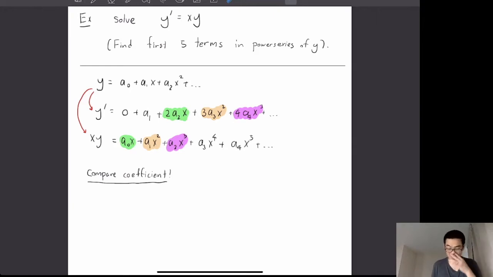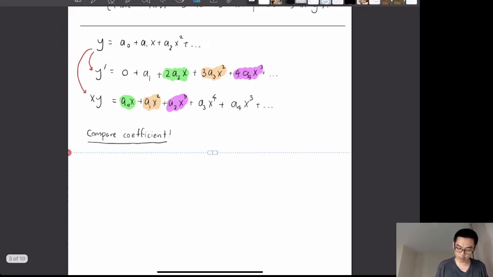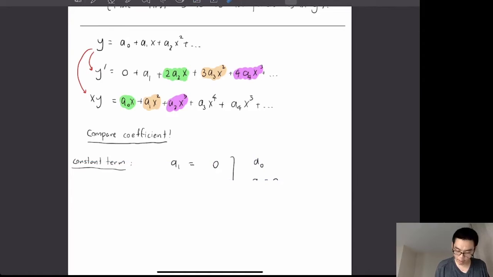So let's look at the constant term first because that's the easiest one, right? The constant term is the one without x. So it's this guy, right? How about the one without x here? Nothing, right? So the first equation that we get is simple. a1 has to be 0, right? Because a1 plus 0 has to be 0, so a1 is 0.